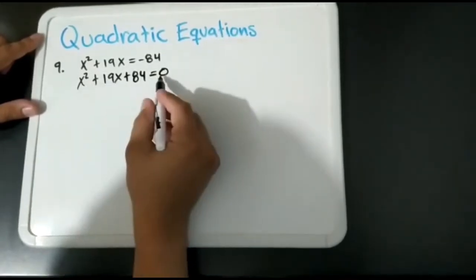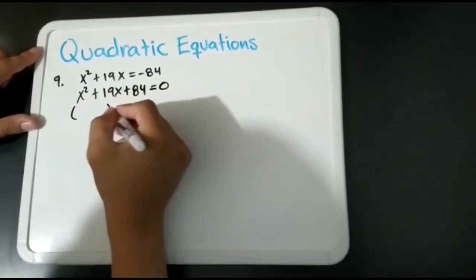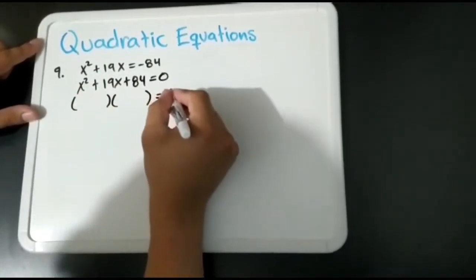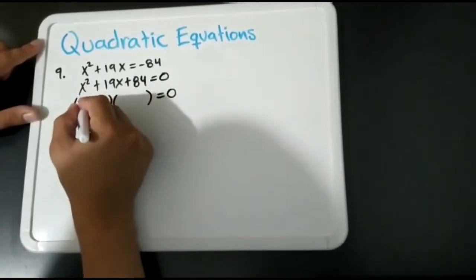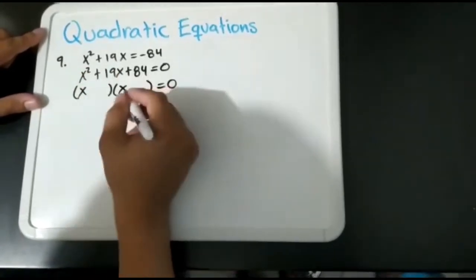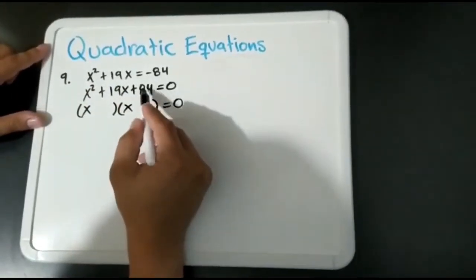When we have everything equal to 0, we're just going to factor using two parentheses, equal to 0. For factoring, we're going to find the factors of x squared, that are x and x. Then we're going to find the factors of 84.